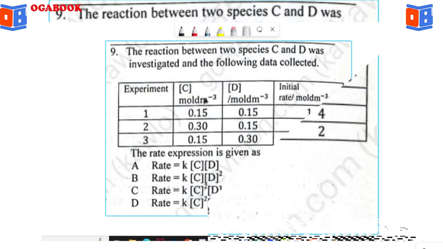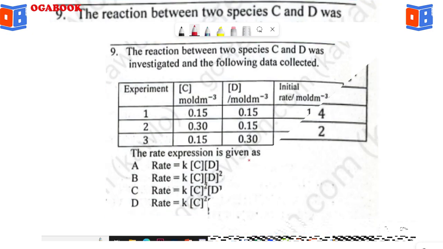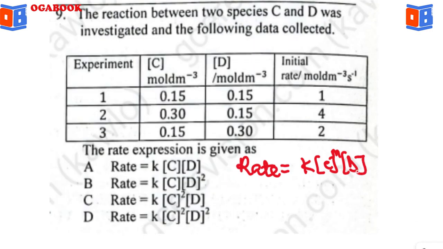From there, we can bring out our rate expression, which is going to be rate equals k, the rate constant, times the concentration of C raised to the power m, and the concentration of D raised to the power n, where m and n are the respective orders of the reaction.